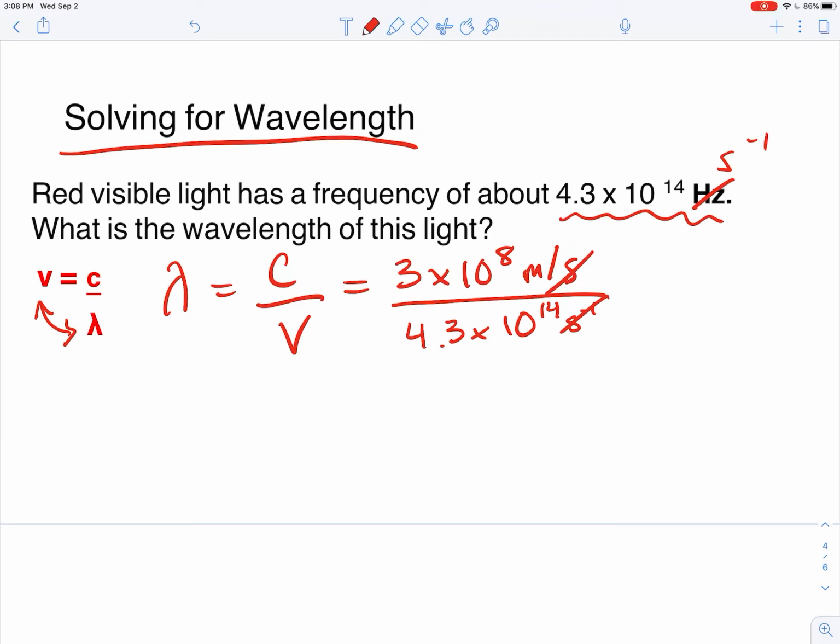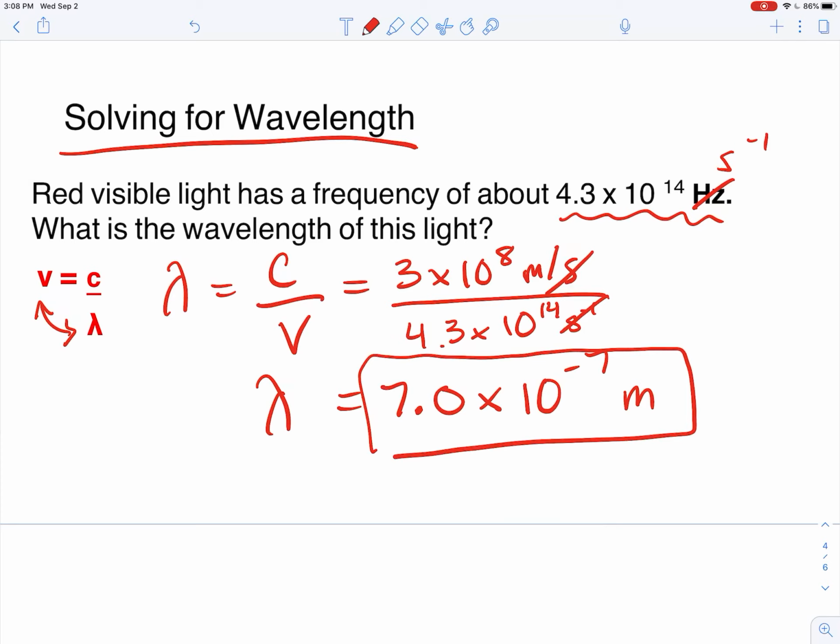And then my final answer is going to be, looks like 7.0 times 10 to the minus 7 meters. And that's my final wavelength.